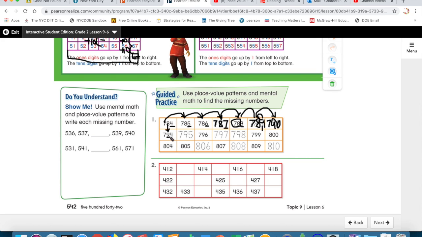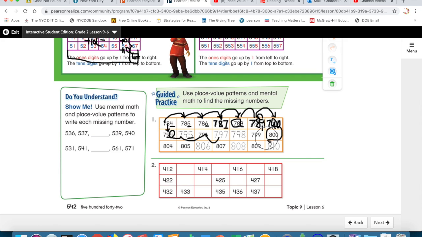And so counting on, you do the same thing. You're moving to the right, so only your ones place is moving here because we're going to the right. Going to the right means my ones place number is changing. So 794, 795, 796, 797, 798, 799, and 800.